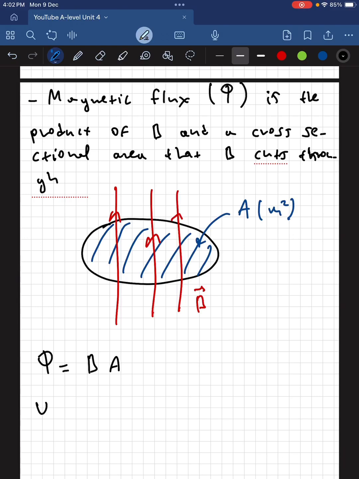It has units of Wb, which stands for Weber, and 1 Weber is 1 Tesla meter squared. And I haven't made a comment about the unit of Tesla yet. This is a huge unit. So what do I mean by that?